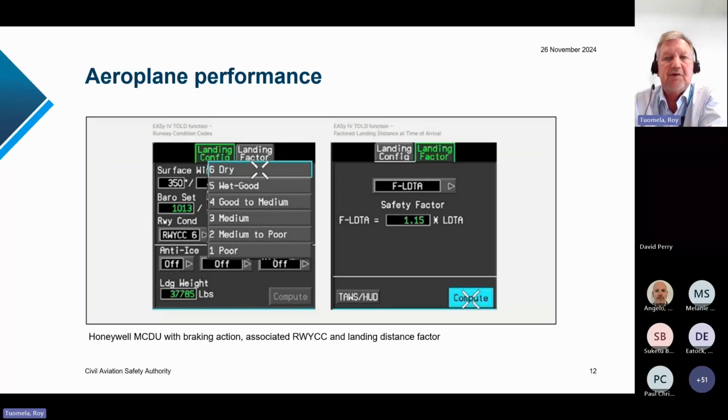For a multifunction control display unit, you can input the runway condition code directly into the unit, whether it's a 6, 5, 4, 3, etc., and that automatically sets the landing distance performance factor, whether it's 1.15 or 1.5, etc. Now, if you don't have a smart flight management system, for some aeroplane flight manuals or AFMs, the runway condition code can be included in the manual, again, to determine landing and takeoff performance and safety factors.